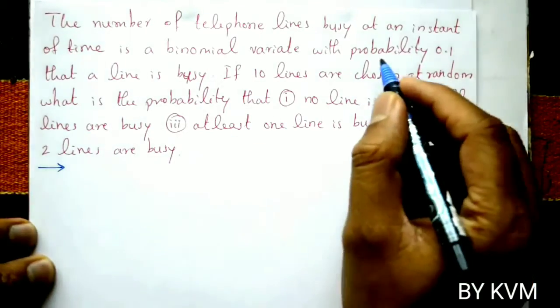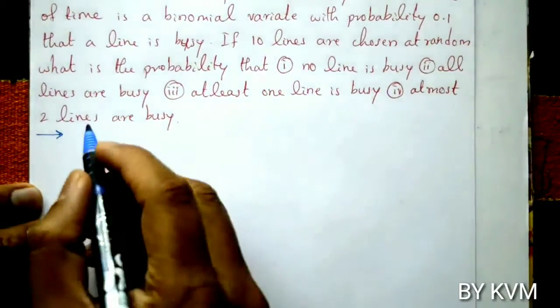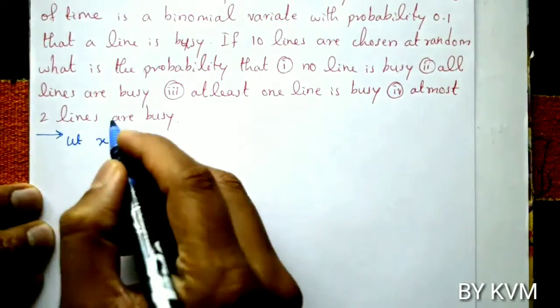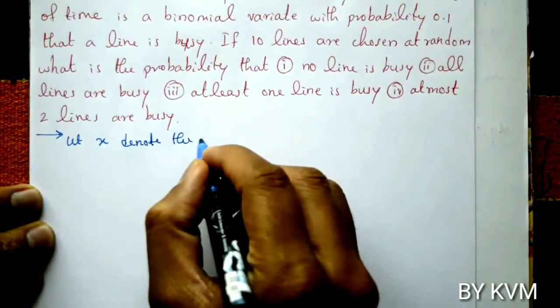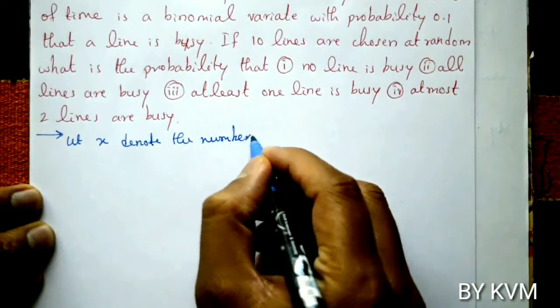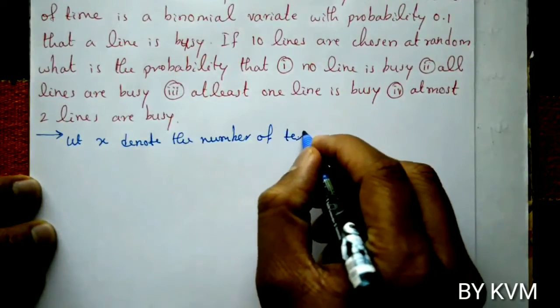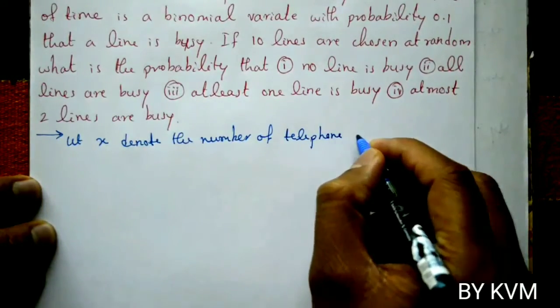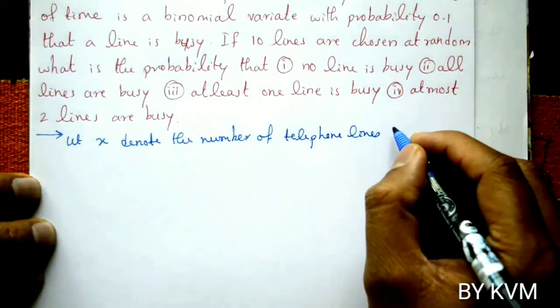So, here in this problem, let X denote the number of telephone lines busy.